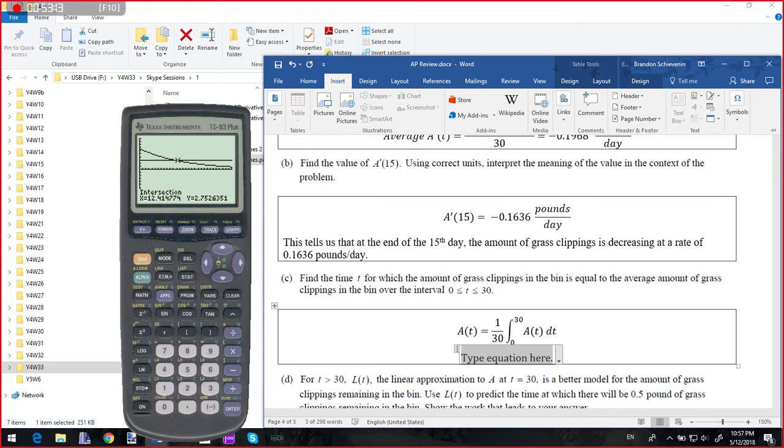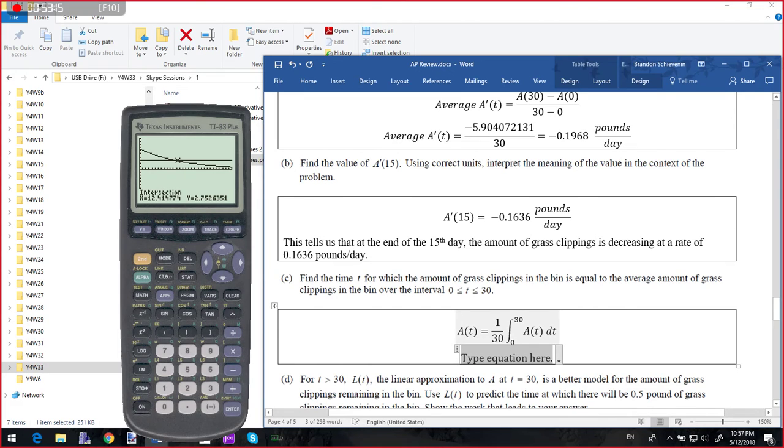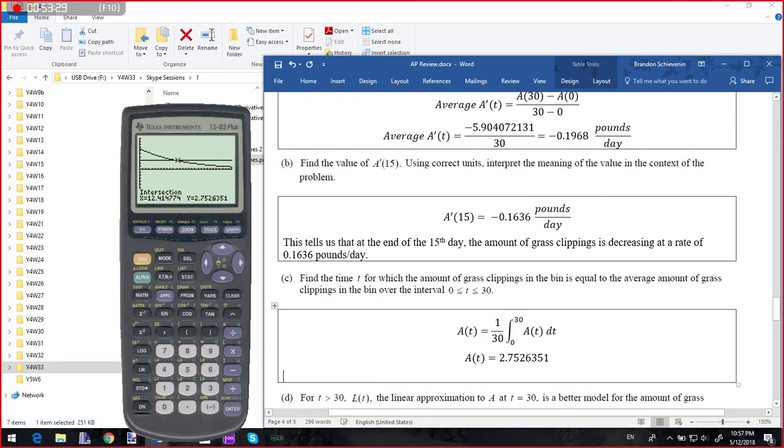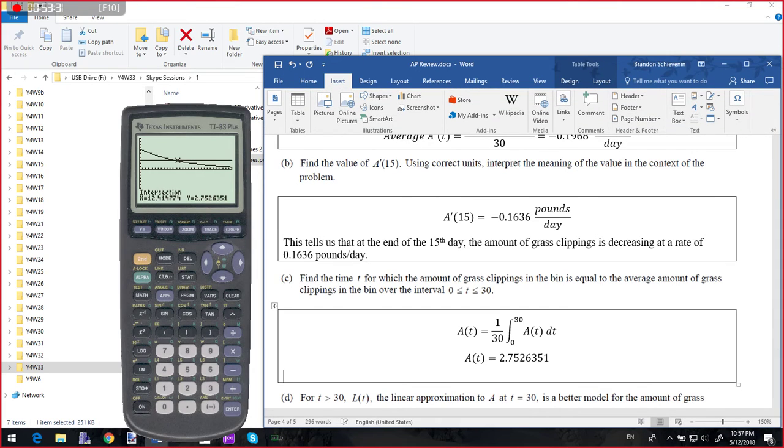Okay, I'm going to have to go back and figure out exactly what that value was, but a of t was equal to 2.7526351. And then my x value at that point was here.